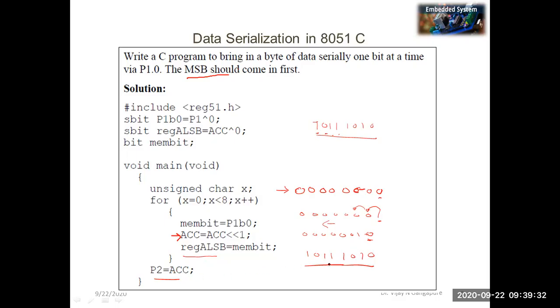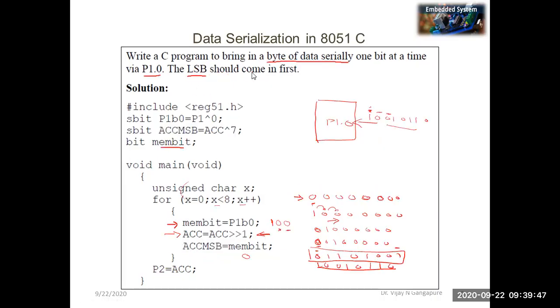Whatever data byte is received serially will get outputted to port 2, assuming that the msb is being inputted first. In this way, depending on whether the msb or the lsb is being inputted first, you can modify your program. In this way you can receive data serially.